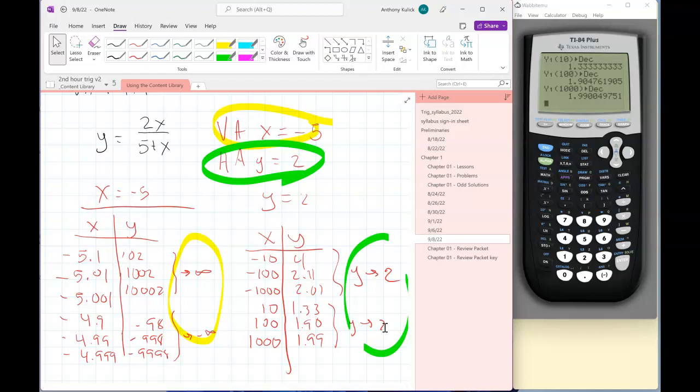It means you're probably wrong if your table doesn't support your guess. You know what I mean? Does that feel okay, Olivia? So again, pretty easy thing to do. You just have to be pretty calculator fluent. But the calculator does most of the hard stuff for us.